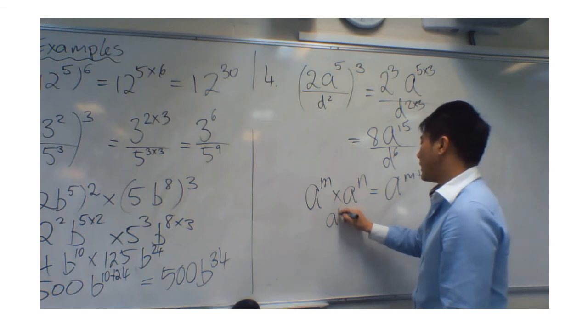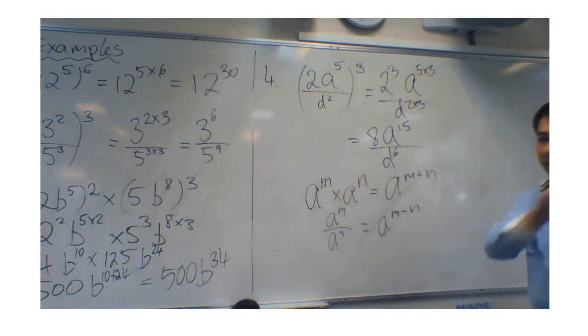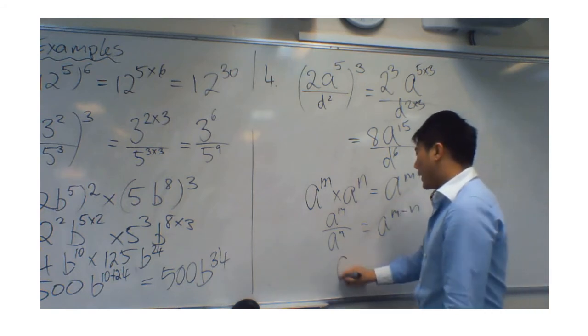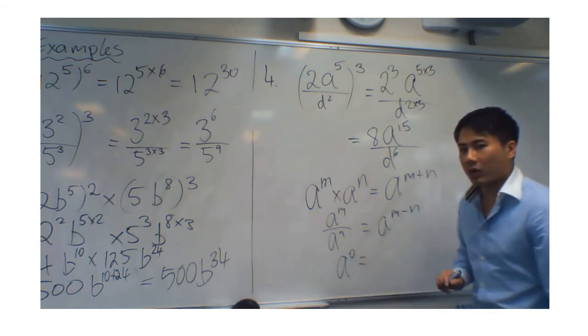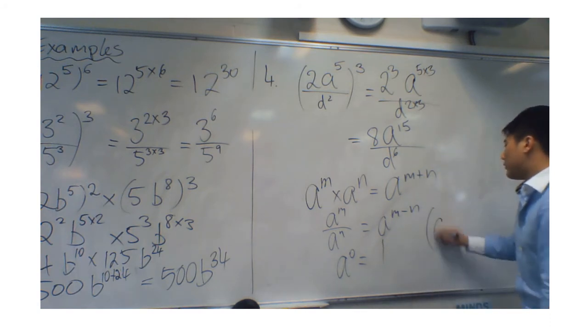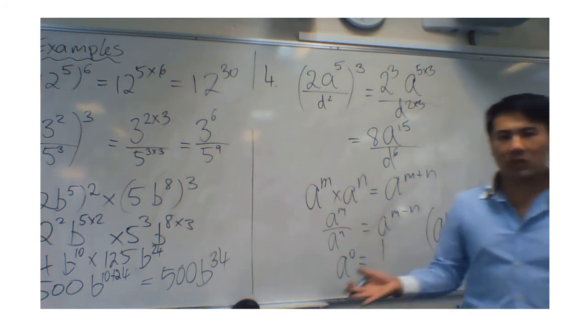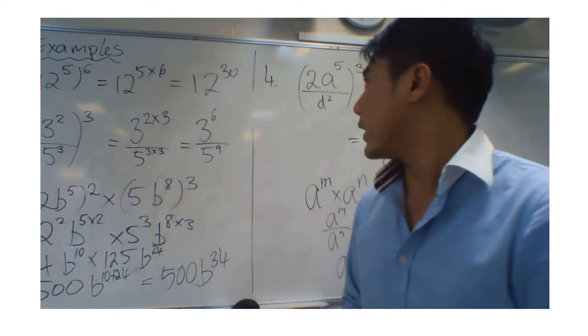If I'm dividing, I would minus the powers. If I'm raising something to the power of 0, that would become 1. And if I'm raising a power by a power, I would multiply the powers together. Just 4 laws. That's all we're asking.